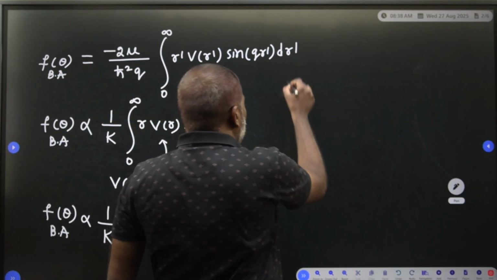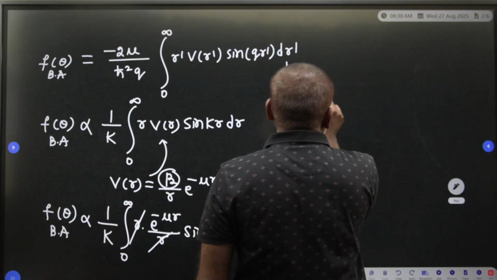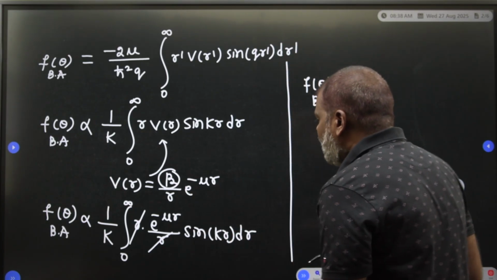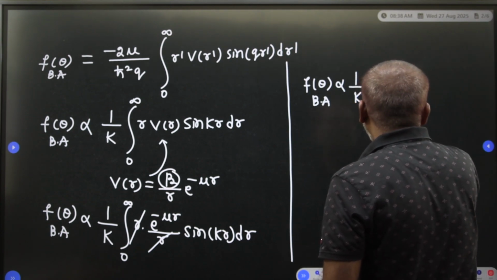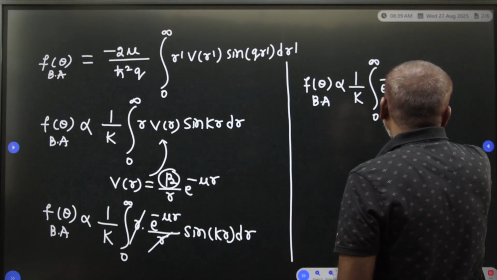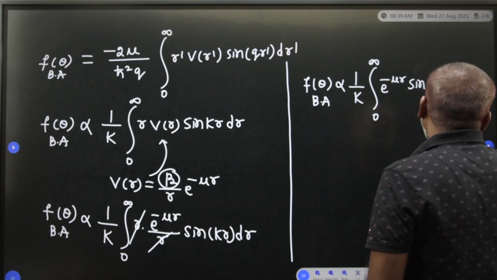Therefore, f of theta, the scattering amplitude under the Born approximation, is directly proportional to 1 by k into the integral from 0 to infinity of e to the power of minus mu r into sin kr into dr.